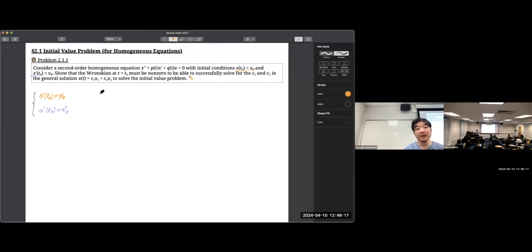So basically, what does it mean for x of t naught? It just means c1 x1 at t naught plus c2 x2 at t naught has to equal x naught. Okay, that's the orange condition.